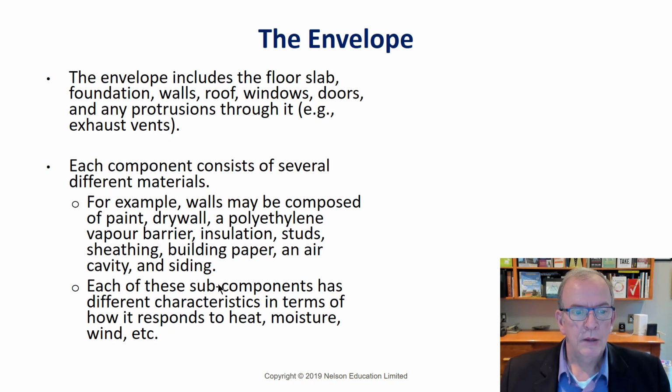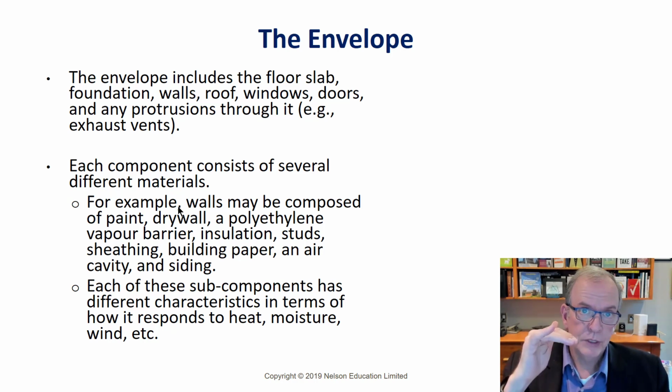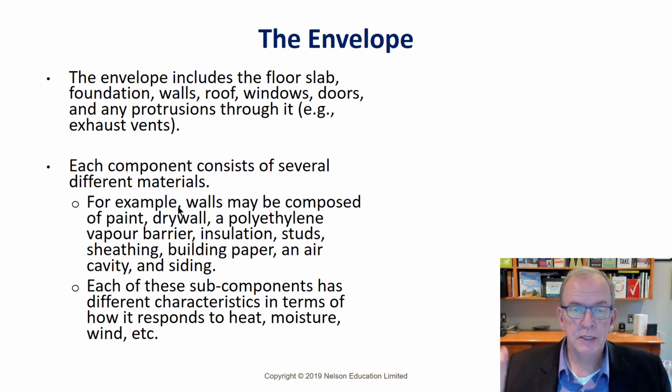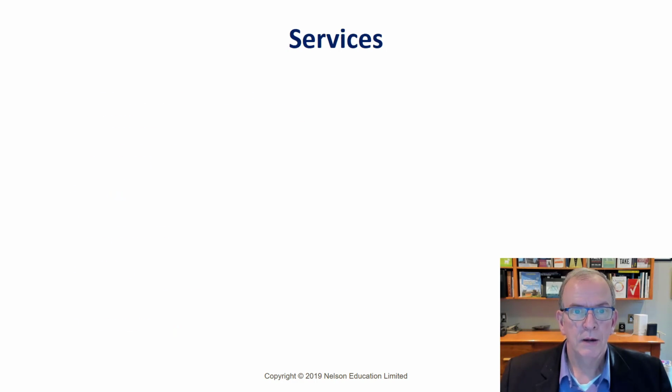There's a lot of different materials that can be put into a wall system, a floor system, a ceiling system that work together in collaboration with each other. And they're subcomponents. So we can think about how they respond to heat, moisture, wind, and those areas.